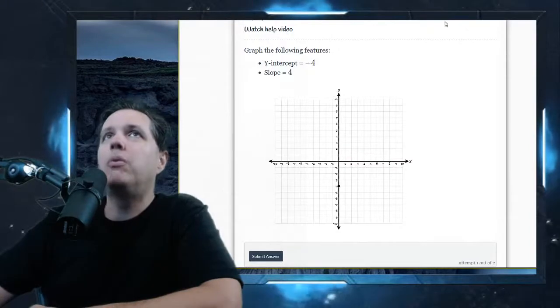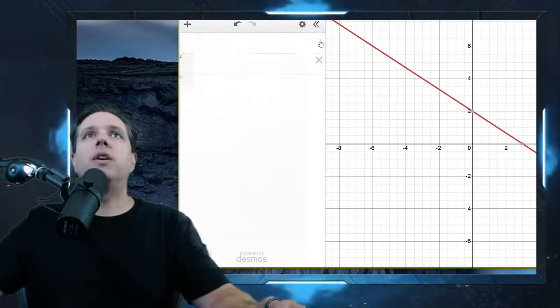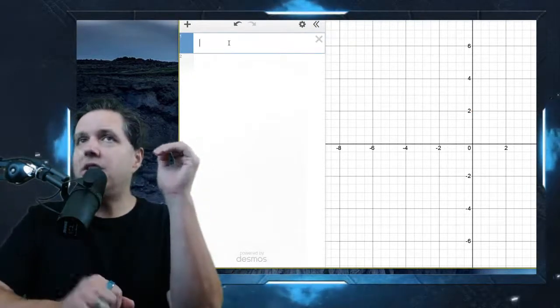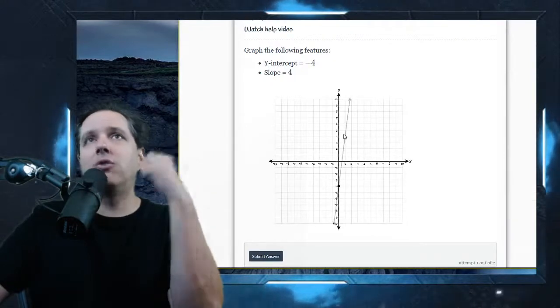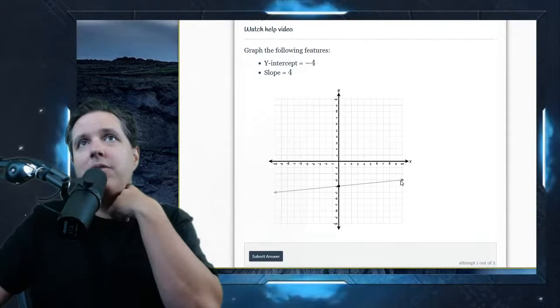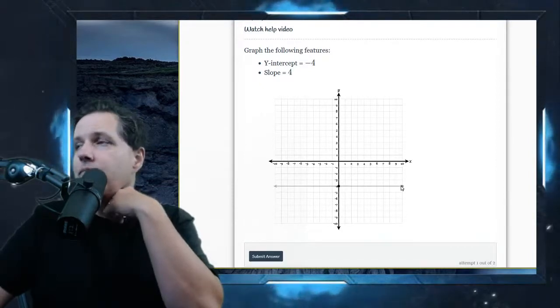Now it's saying slope 4. What is slope? We haven't talked about that yet. Well, let's look at that. Slope is basically a measure of how steep your line is. So remember, if I go back here, see how this is a really steep line, right? And this is not a very steep line. And this line is horizontal. It's not even steep at all, right?